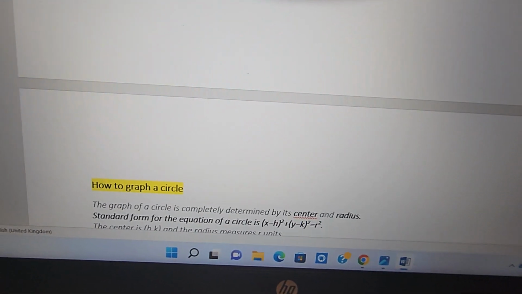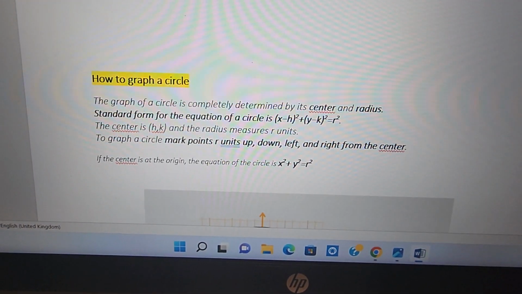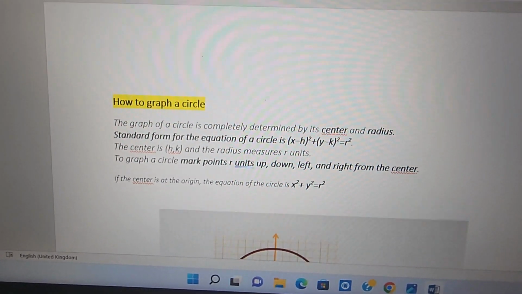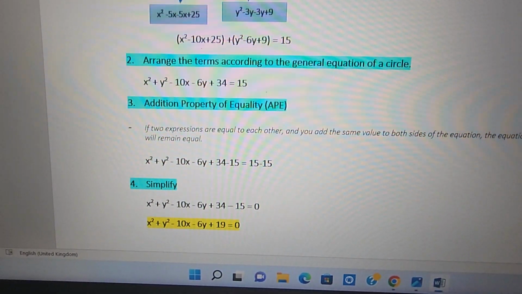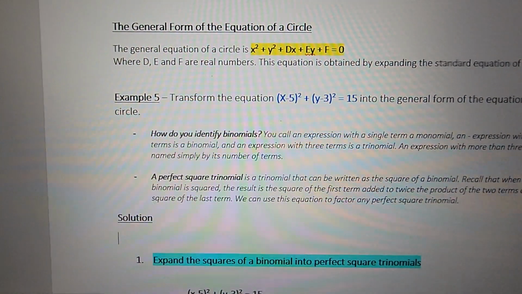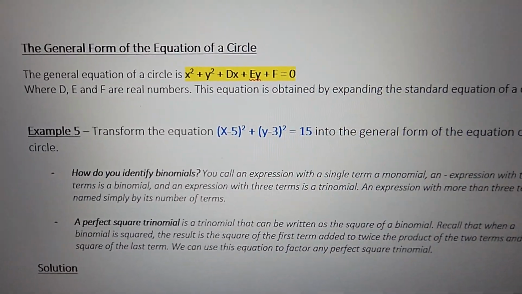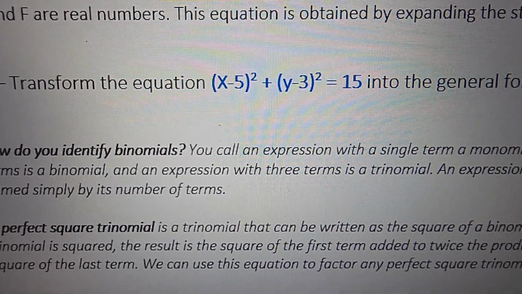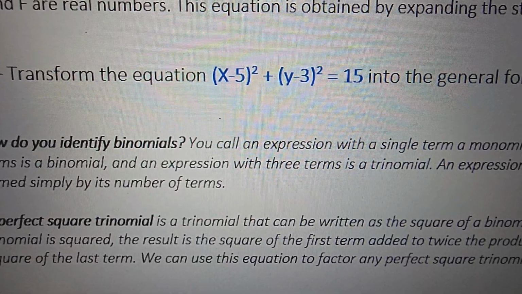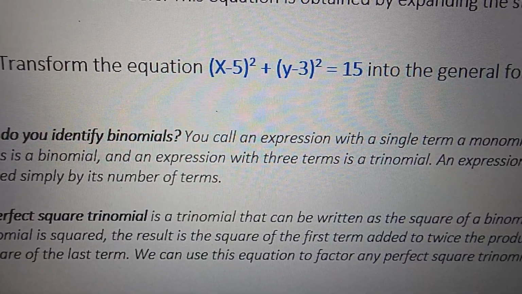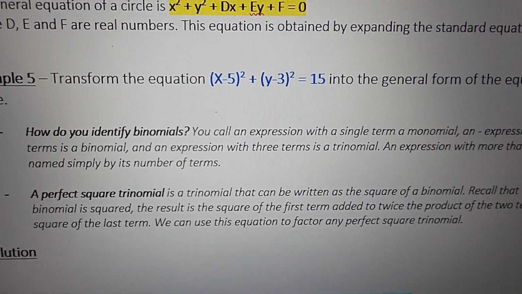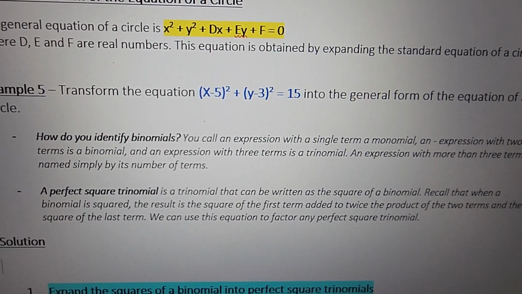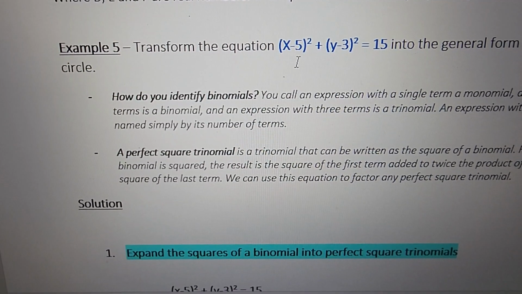Now I will teach you how to graph a circle. Actually, in this equation, considering the standard equation of a circle, which is x minus h squared plus y minus k squared equals r squared, we have a value of h and k.